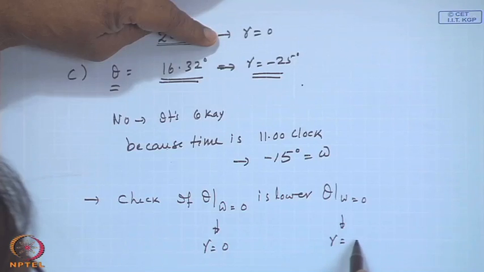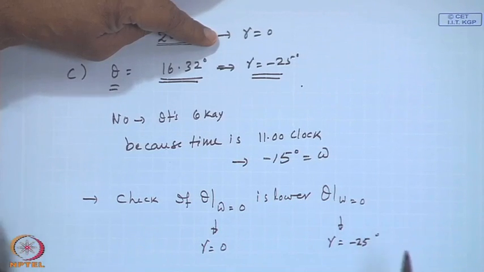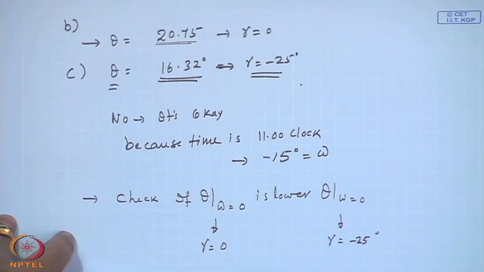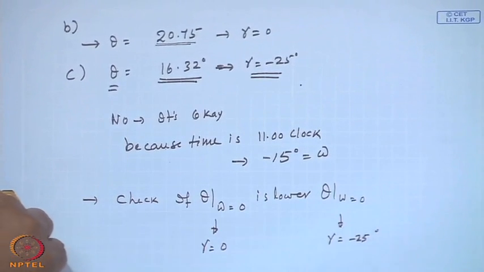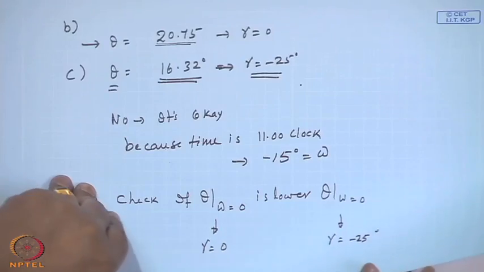This is for gamma equal to minus 25. So, if you have a surface turned towards the east by 25 degrees and one facing south with gamma equal to 0 degrees, you can check whether the angle of incidence for the south facing surface is lower or not at noon time.